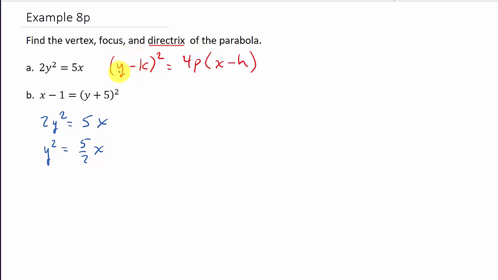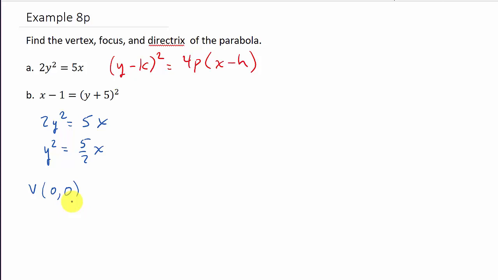Well, here's y minus k squared. All this means is that k is 0. And then here we just have x. We don't have x minus h. So that's telling us that h is 0 also. So that tells us that the vertex is 0, 0.